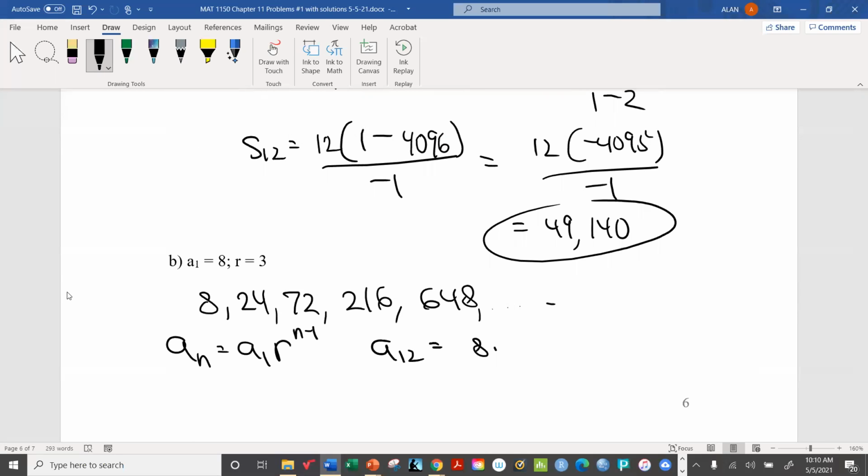Oh, yeah, the common ratio is 3. It says it right here. 3 to the 12 minus 1 power, 8 times 3 to the 11th. And that's 177,147.